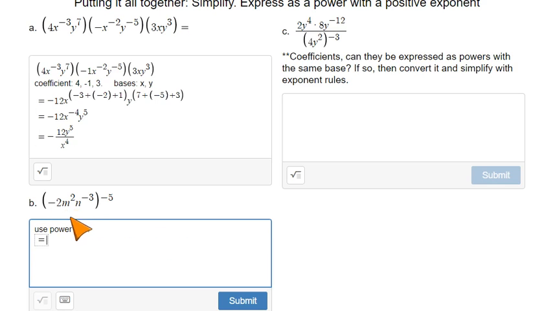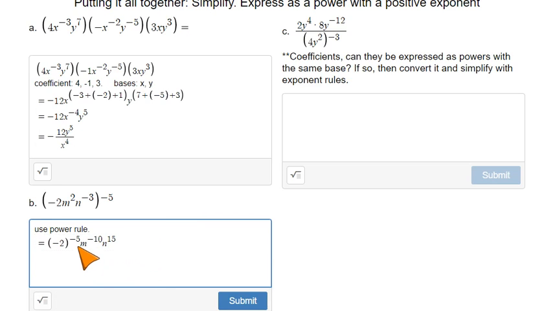The first base, negative 2 to the power of negative 5. Second base, m to the power of 2, but it's 2 times negative 5, so m to the power of negative 10. And finally, n to the power of negative 3 times negative 5, so that's n to the power of 15.